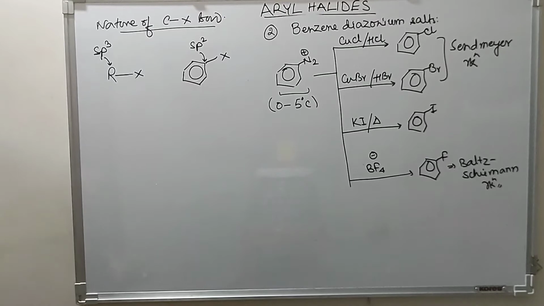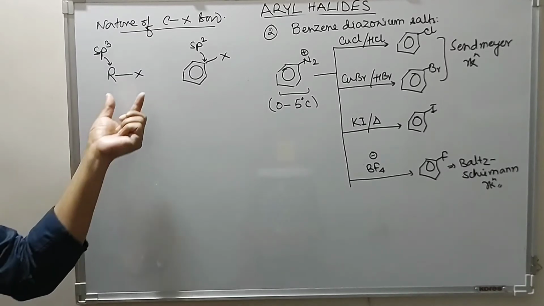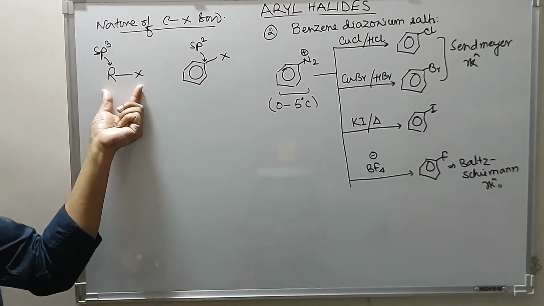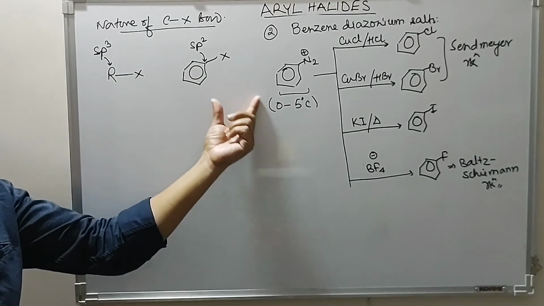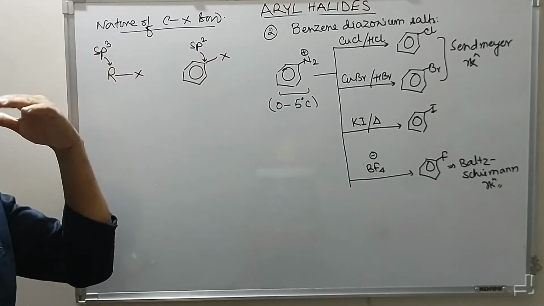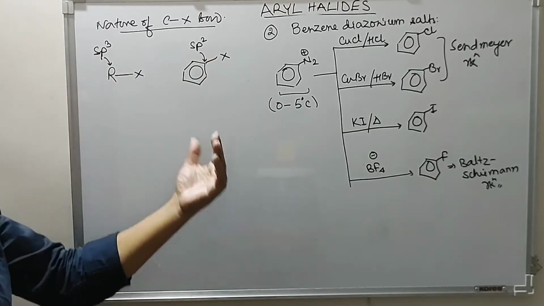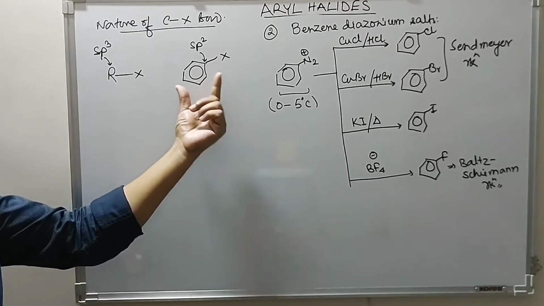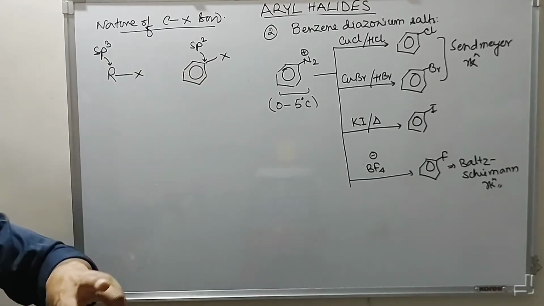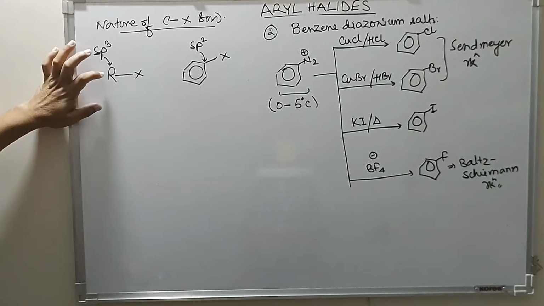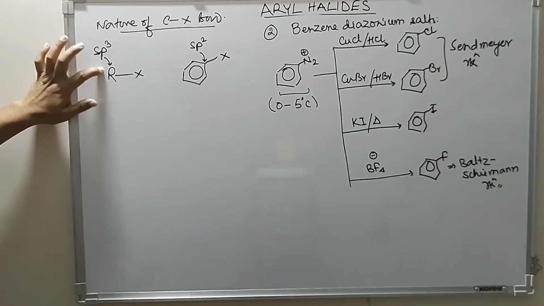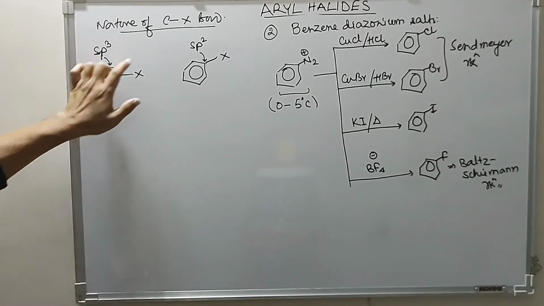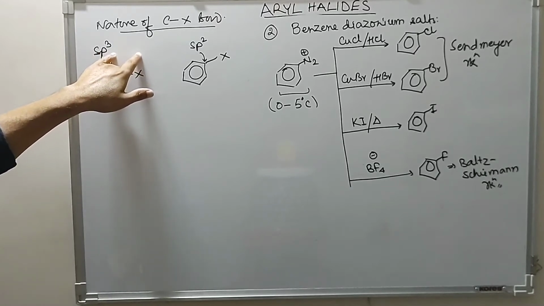So when we compare the polarization of the C-X bond, the polarization of C-X bond is more in case of alkyl halide than in case of aryl halides. So alkyl halides are more polar in nature than aryl halides. The reason being, in case of alkyl halide, carbon is sp3 hybridized, so electronegativity difference is more.